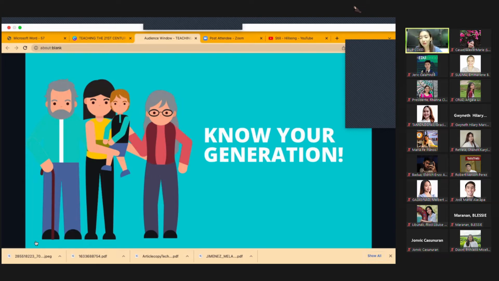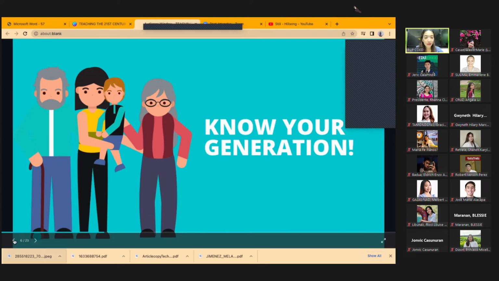And yung tinatawag nating true 21st century learners, yun yung mga magiging estudyante nyo pa lang in the future. So kayo ay mga Gen Z, okay? And then the generation after you, we call that the Alpha generation. And iyon pa lang yung totoong 21st century learners. They are the true digital natives.